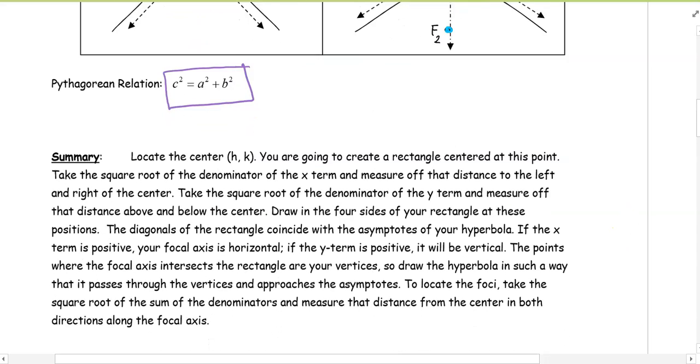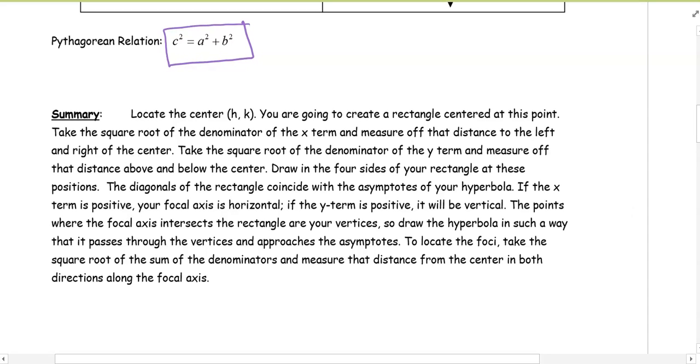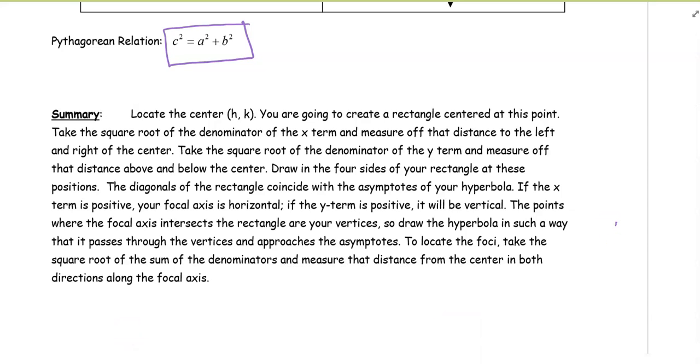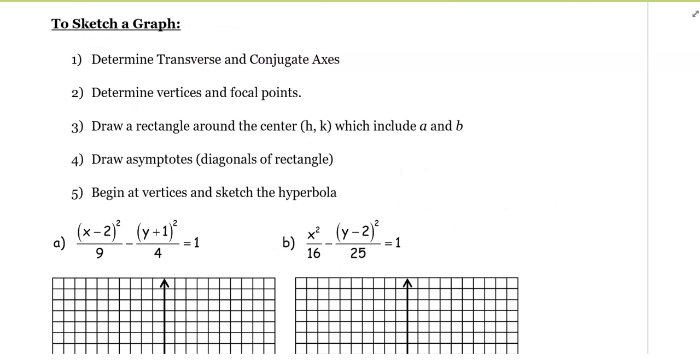So, I believe I've got this great summary from my colleague, Mr. Wilson. But I would love for you to pause the video and read the summary. Okay, hopefully you read through that summary.